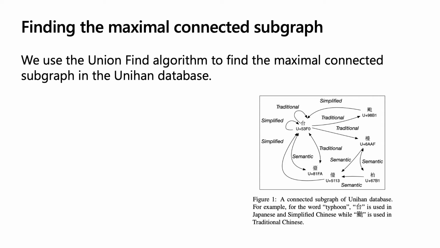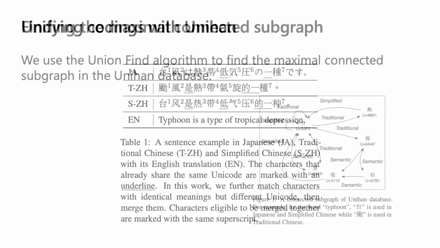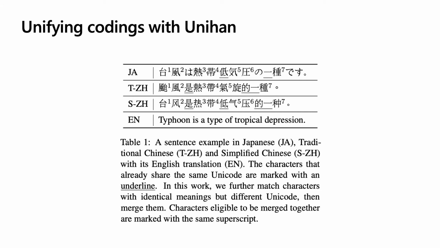For example, for the word typhoon, Tai is used in Japanese and simplified Chinese, while another character with feng, wind, on the left of the character is used in traditional Chinese. With these clusters, we are able to unify codings with Unihan.